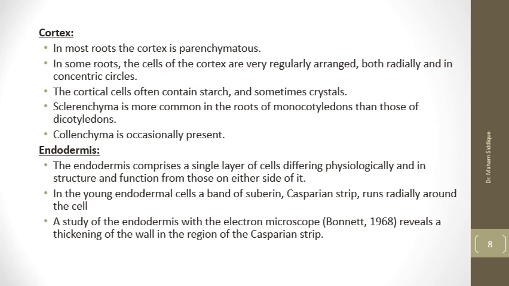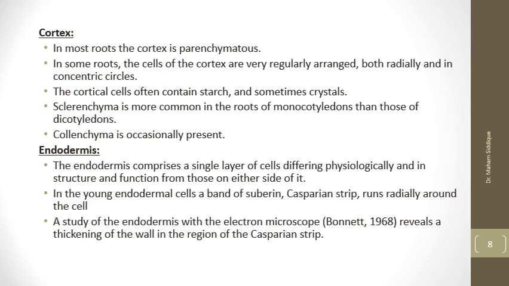The cortical cells contain starch and sometimes crystals. Sclerenchyma is more common in the roots of monocotyledons than those of dicotyledons. Collenchyma is occasionally present in cortex.